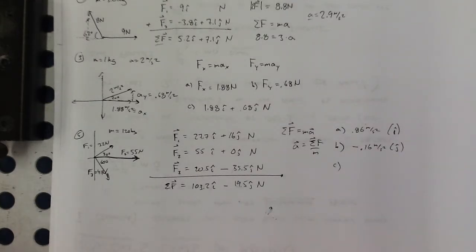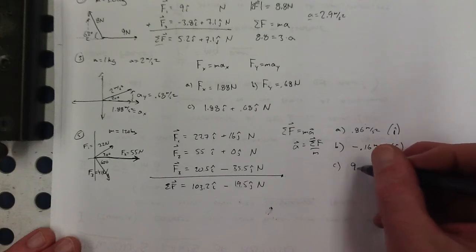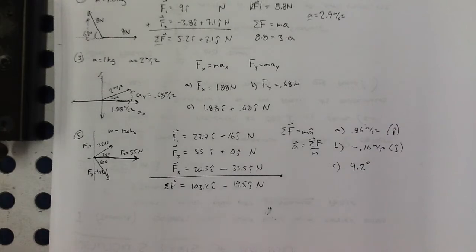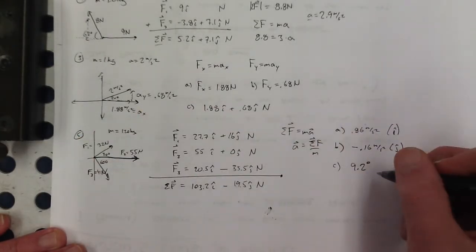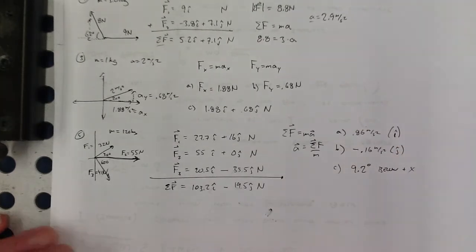So tangent inverse of 19.5 over 120, not putting the negative sign in there, that gives me 9.2 degrees, and I have positive negative, so that's like quadrant 4, or you could say below the positive x-axis.